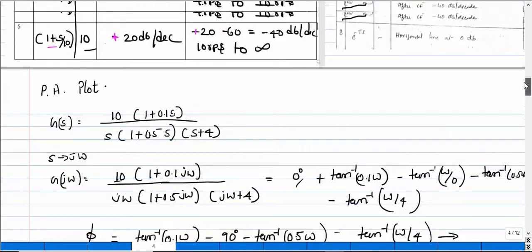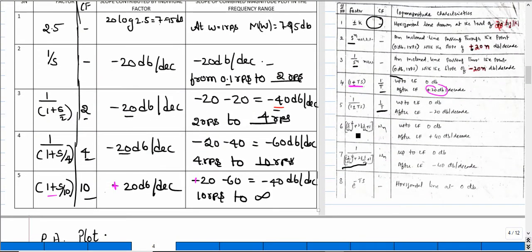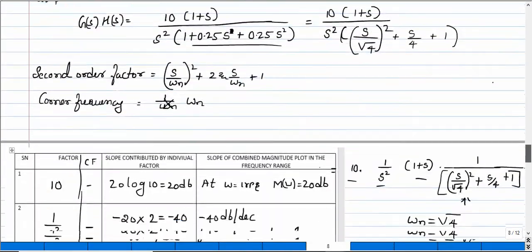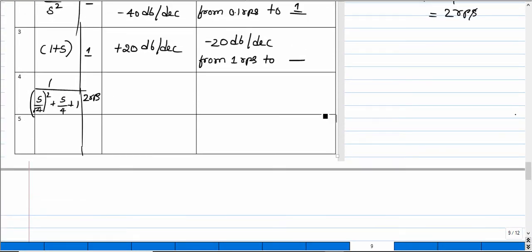I have clearly mentioned that if it is a second order factor, in the numerator it will have plus 40 dB, and if it is in the denominator, it will have minus 40 dB per decade. In our problem, it is in the denominator, so the slope contributed will be minus 40 dB per decade.